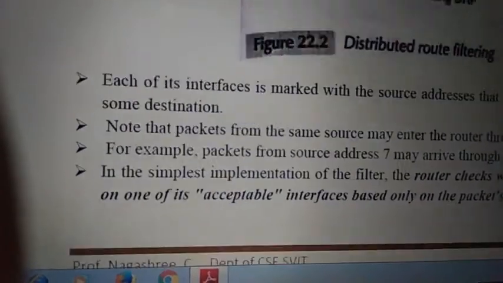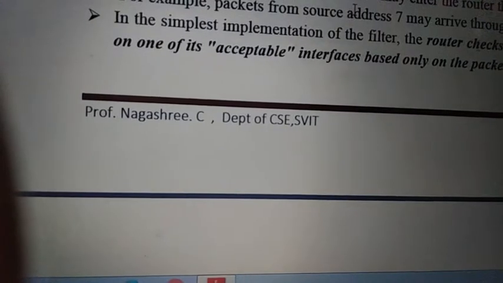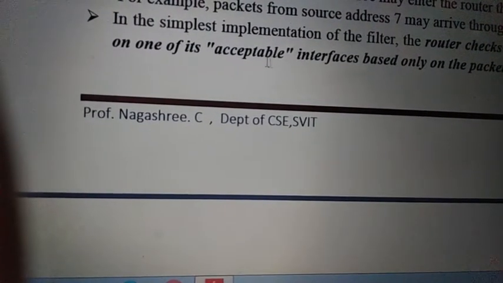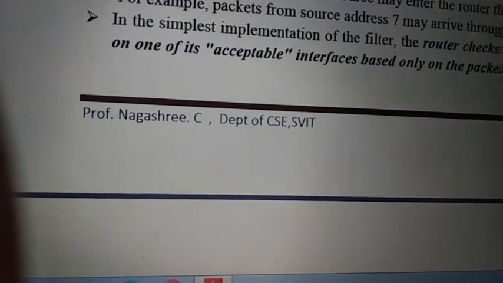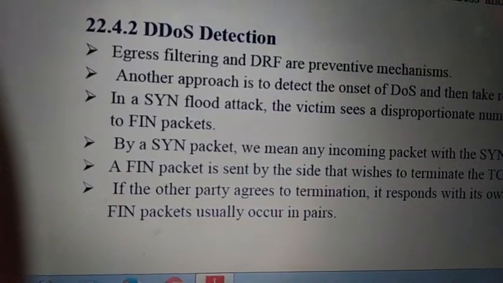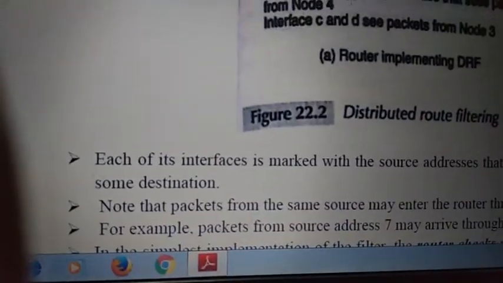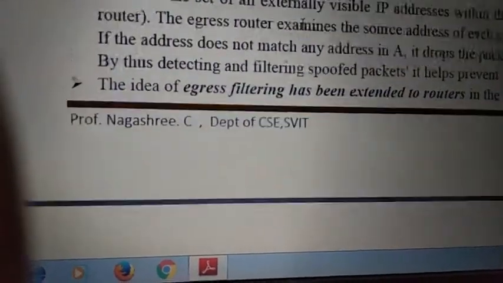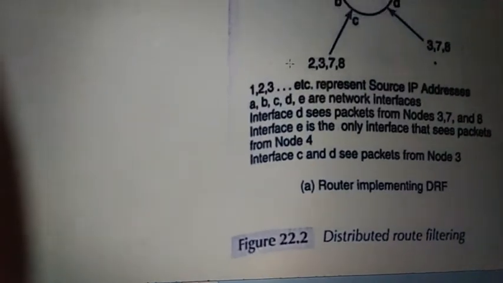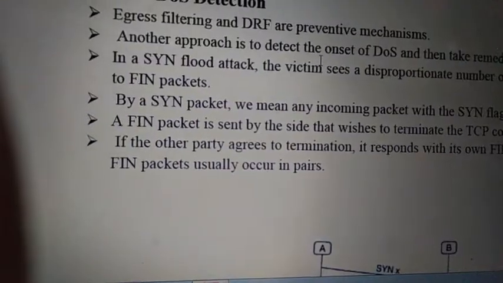That is one important way we can do prevention: the router checks whether the packet has arrived on an acceptable interface based on the packet's source IP address. If so, it is accepted, else it is not. This is an important prevention at the network through egress filtering and distributed route filtering. As the name says, it is filtering only the required packets, not all the packets.